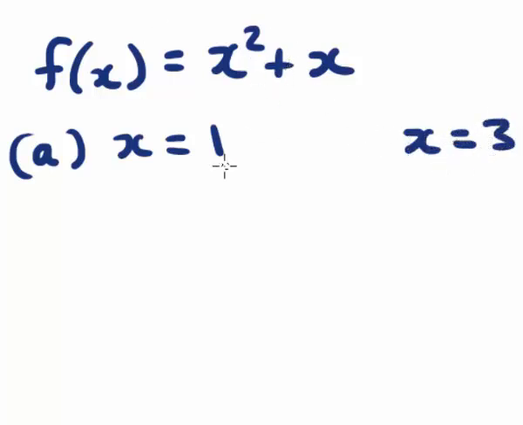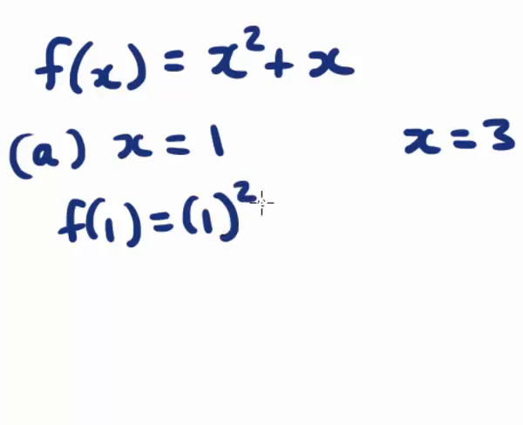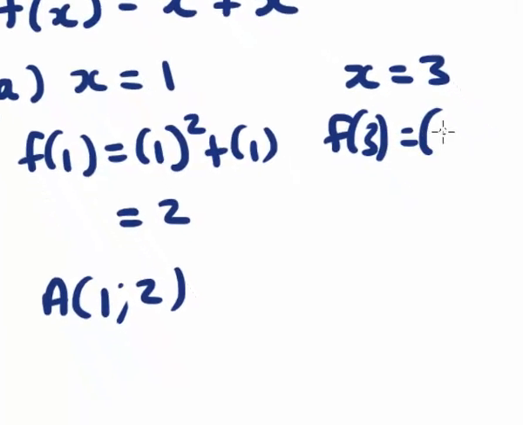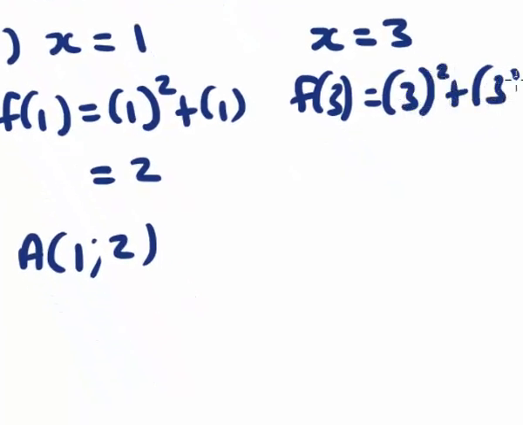Now these are the x's, we need the y's. So let's look at f(1). No problem, that's 1 squared plus 1, which of course is 2. So let's call this point A, where x is 1 and y is 2. And then f(3) would be 3 squared plus 3, which is 9 plus 3, which is 12.